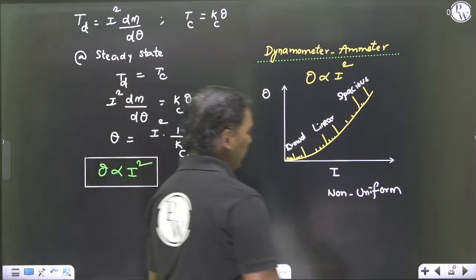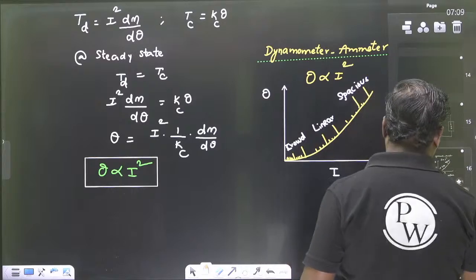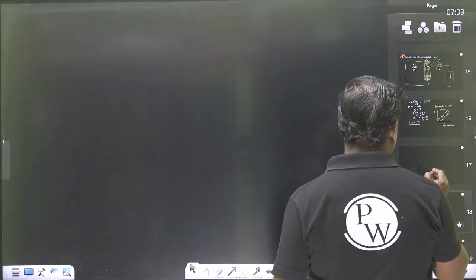Similarly, I can take the dynamometer voltmeter.